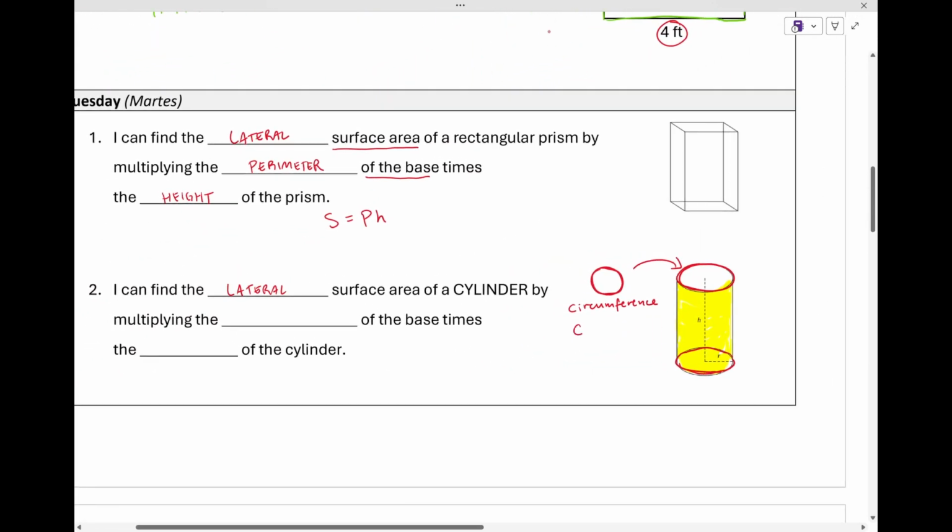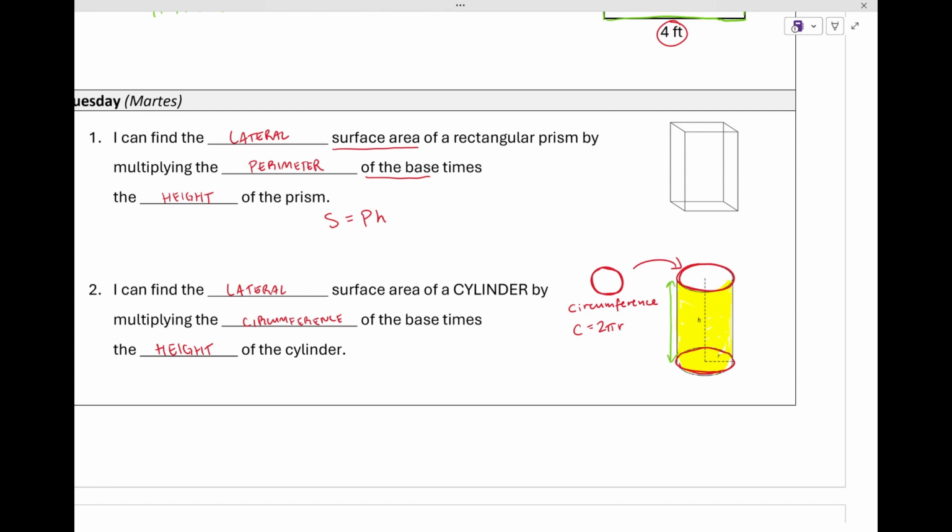So circumference C equals 2 pi r. So that's basically the perimeter of our circle, but we like to use the word circumference. So here we can say the circumference of the base times the height again. The height of the cylinder, like this.